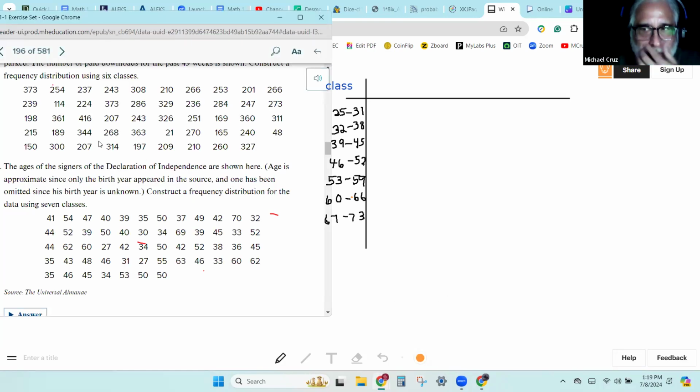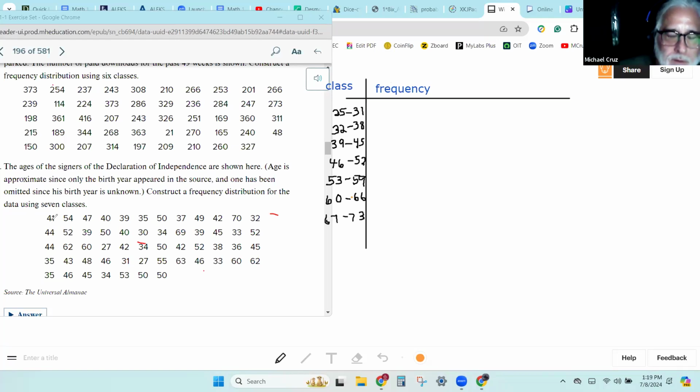So now I'm going to go through and determine the frequency. I can use the little tick marks if I want to, but you're not including that in your frequency distribution.